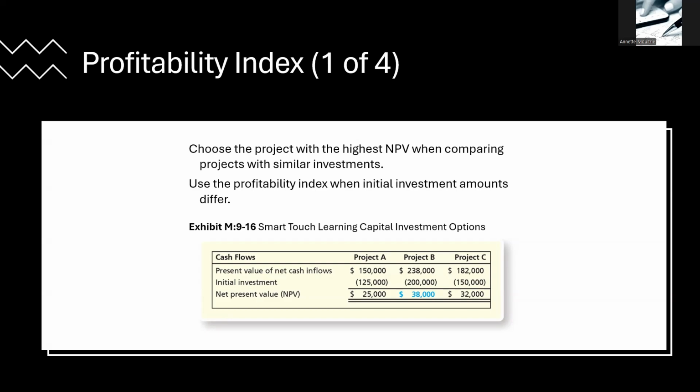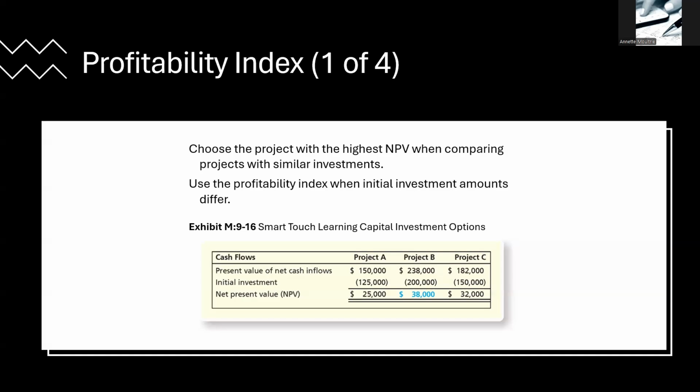So in this example, you see here, choose the project with the highest NPV when comparing projects with similar investments. Use the profitability index when initial investment amounts differ. Now we know that all three projects are attractive because each yields a positive net present value, right?